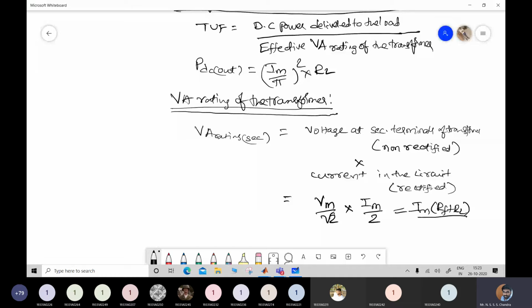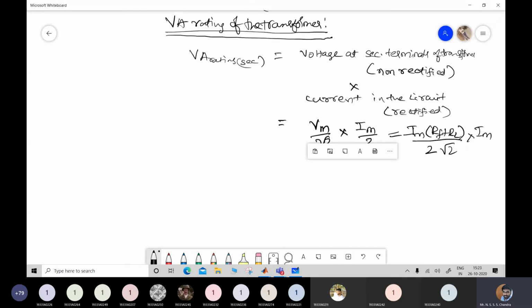In most books it is written as Im into (Rf plus RL). If you want to consider the transformer winding resistance also, you may write RTF, the transformer winding resistance, plus Rf plus RL.